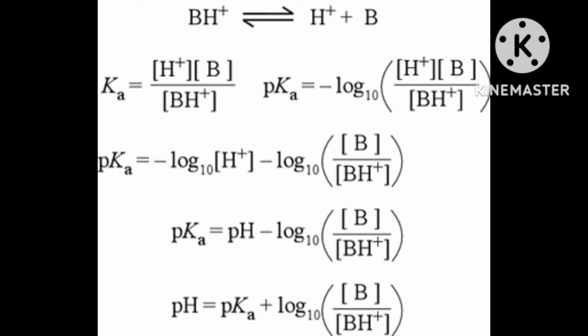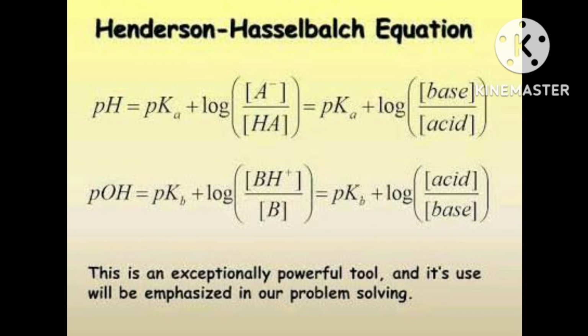In that equation, when the concentrations of conjugate acid and base become equal, at that time pOH is equal to pKb.